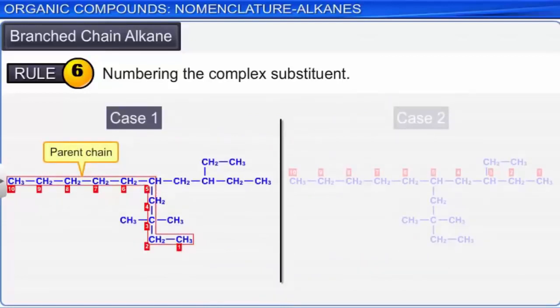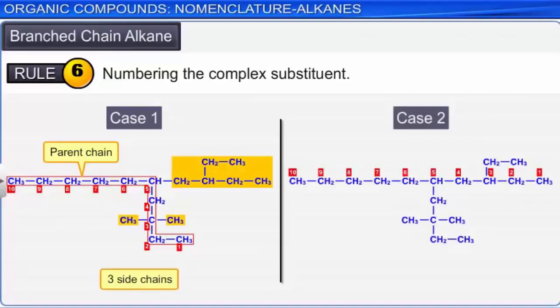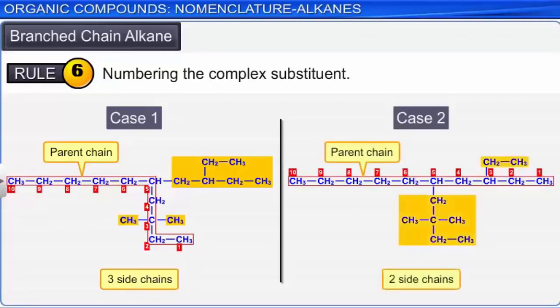The chain highlighted in red has 3 side chains attached to it. If we select the other chain as the parent chain, it will have only 2 side chains attached. Hence, case 1 is the correct way to select the chain.